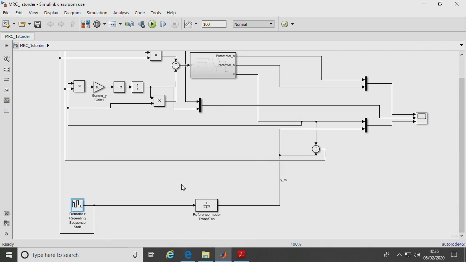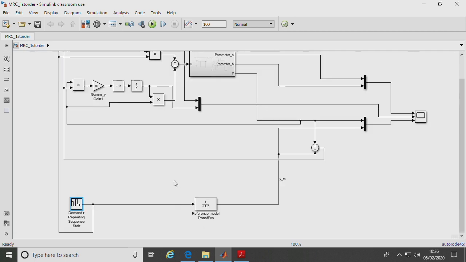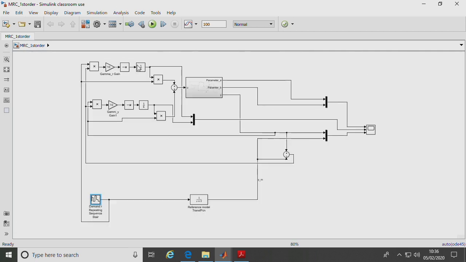So it creates possibly dynamics which are a bit slower than the kind of dynamics you have created through R itself. So we want to follow that Ym here. And we're comparing here, obviously Ym with Y, and I will explain to you later how it works, because you will understand here is the so-called adaptive mechanism.